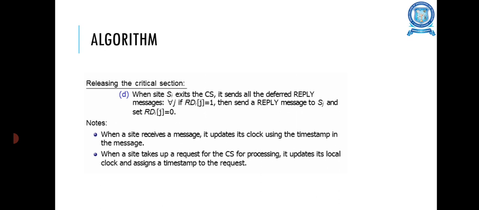If RDi[j] equals 1, then send a reply message to Sj and set RDi[j] equal to 0. When a site receives a message, it updates its clock using the timestamp in the message. When a site takes up a request for the critical section for processing, it updates its local clock and assigns a timestamp to the request.